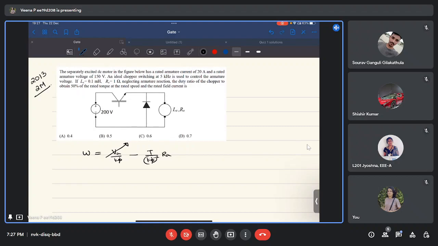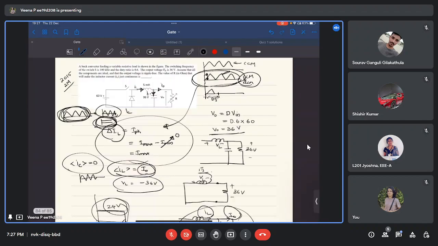So now to get a varying armature voltage, they are making use of a DC chopper. A DC chopper is nothing but a DC to DC converter. You apply a DC voltage, you will get another DC voltage at the output, like a buck, boost, or any kind of converter. If you are proficient in power electronics, you will notice that this is similar to a buck converter. You just observe the previous problem.